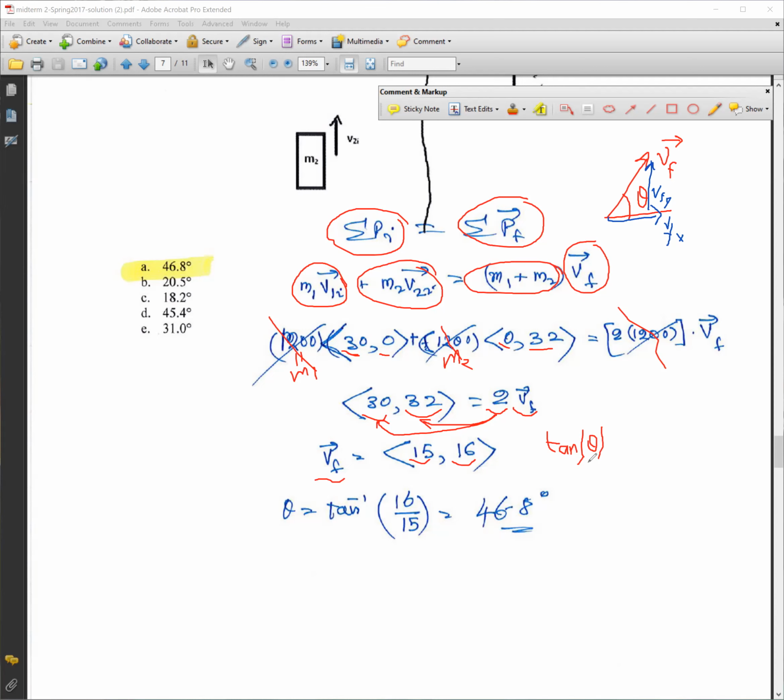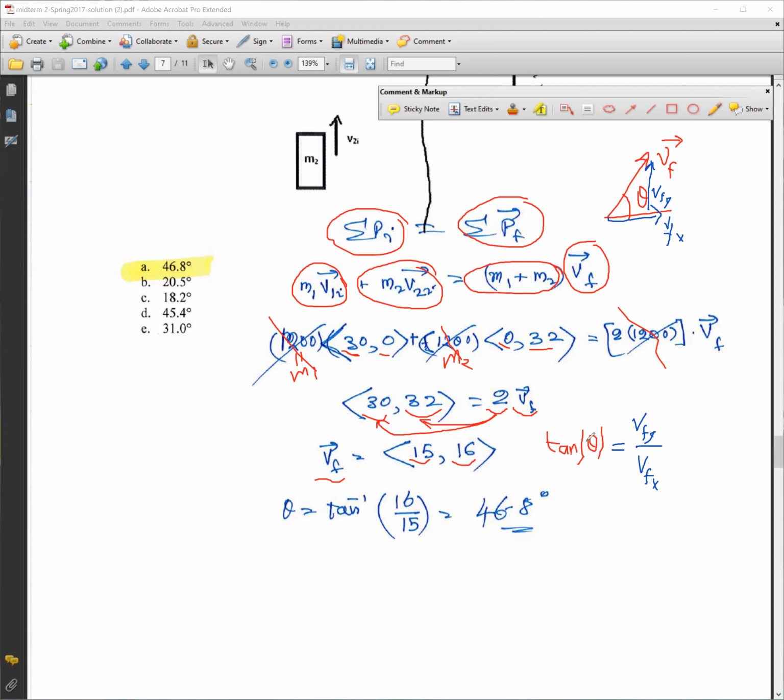Now, you know that tan theta will be equal to the opposite over the adjacent. So that will be v final y, that's the opposite side, over v final x.